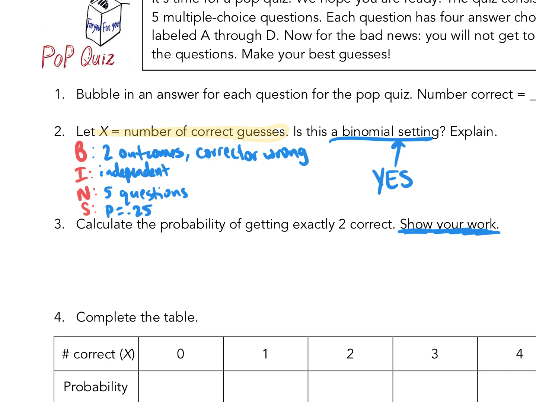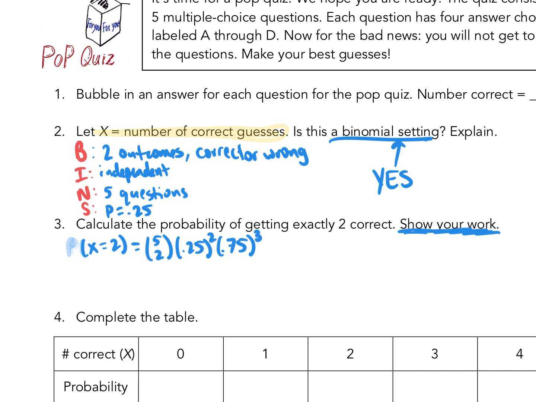So what we would do here is say the probability of our random variable X equals 2. We start with how many questions? Well, we have 5 choose 2. Our probability of success is 0.25. We want 2 correct answers, and therefore our probability of failure is 75%. That means we have 3 incorrect answers.